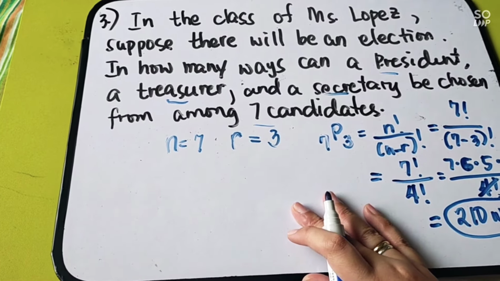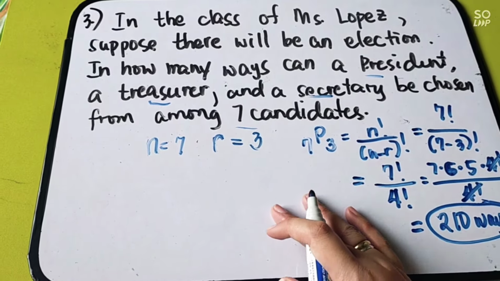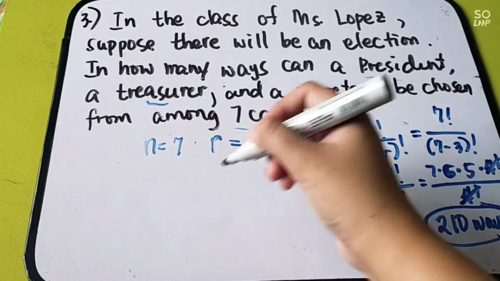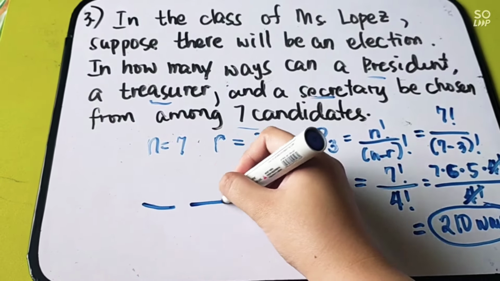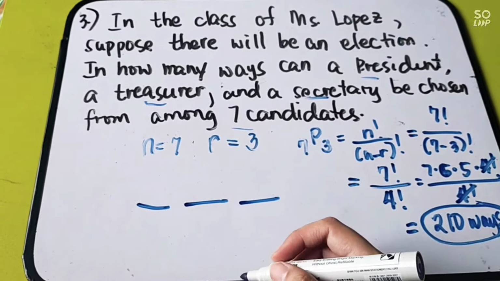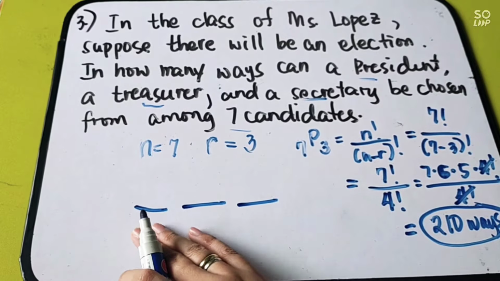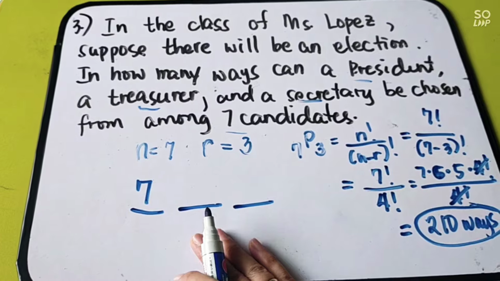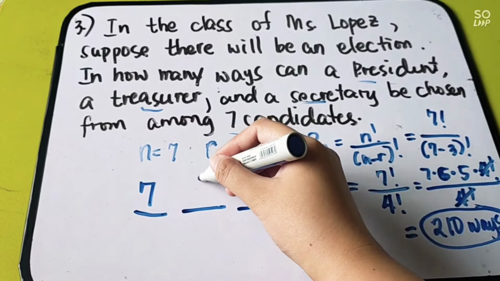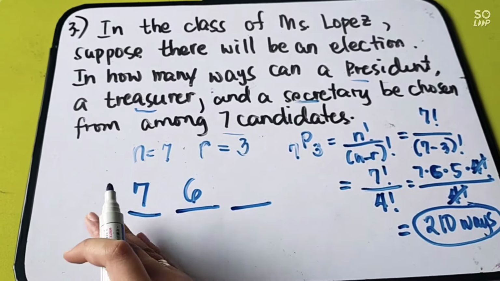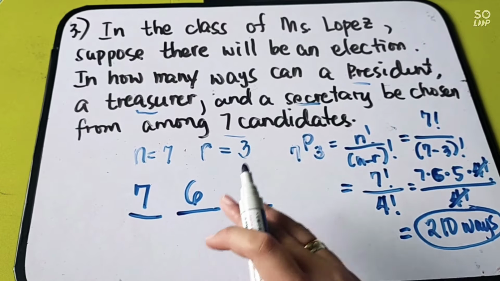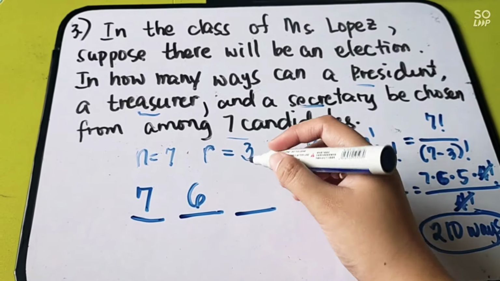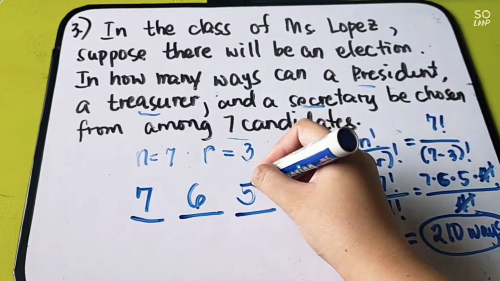So, kapag naman fundamentals of counting, tatlong posisyon yung pagpipili-pilian. So, ilan candidates ang pwede sa una? So, syempre, 7. So, dun sa pangalawa, ilang candidates ang susunod? Syempre, 6 na lang. Kasi, nakaupo na yung isa. So, dun sa huli, ang pwede na lang ay 5 tao.